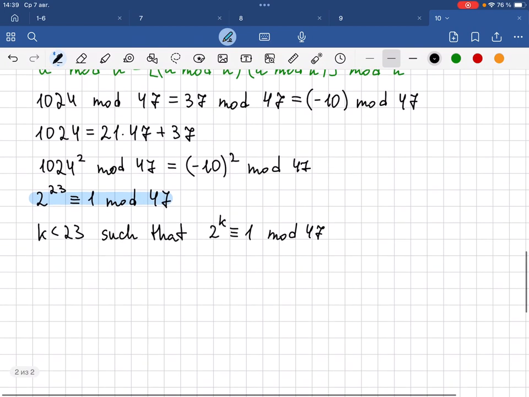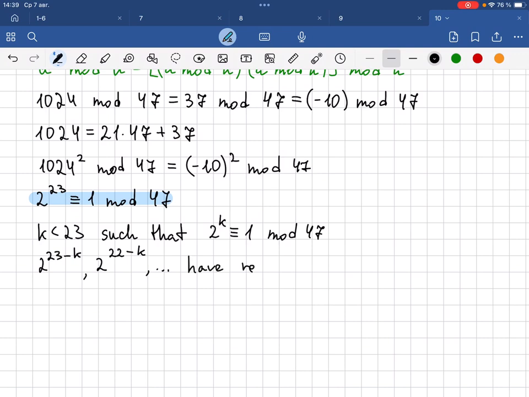But it means that all numbers like 2 to the power of 23 minus k, 2 to the power of 22 minus k, and so on, have remainder 1 mod 47.